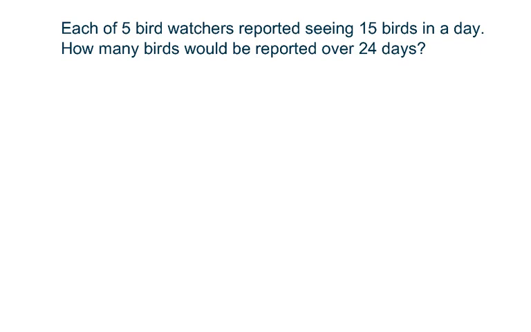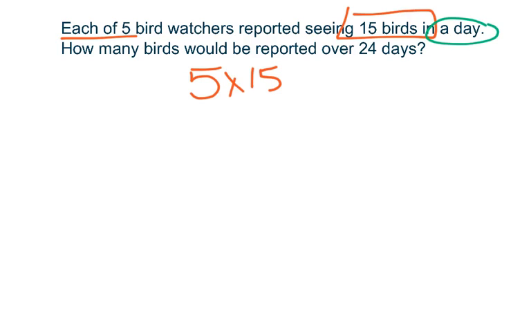If I was setting up this problem, each of 5 bird watchers is seeing 15 birds. So I would know that I need to multiply 5 times 15 to figure out how many they see in one day. Then I need to figure out how many they would see over 24 days, which means there's additional multiplication that I'm going to need to do.